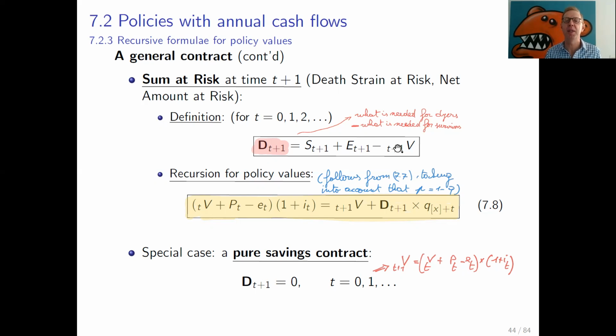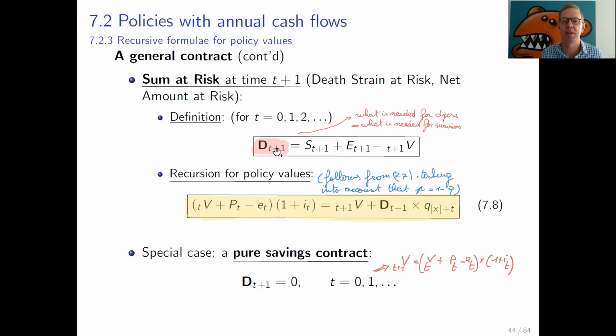So saying that we need St+1 plus Et+1 for the dyers and Vt+1 for the survivors is in fact the same as saying we need Vt+1 for everyone, but for the dyers we need in addition St+1 plus Et+1 minus Vt+1. That means in the end, again, that there will be Vt+1 for the survivors and Dt+1 for the dyers.